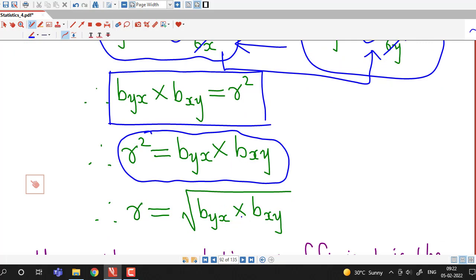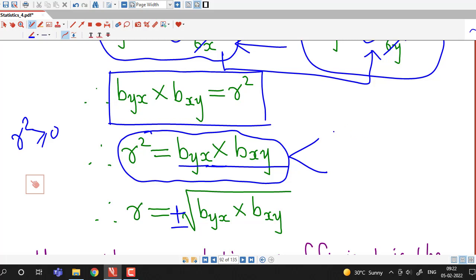Now for byx into bxy, there are two possibilities. We can have positive or negative square roots. From this we can see that r is the geometric mean of the regression coefficients. Because we have r square equal to byx into bxy, and r square is always non-negative, there are two possibilities.